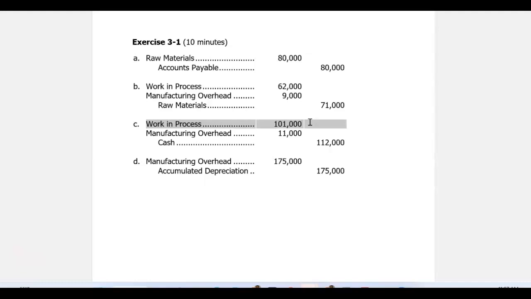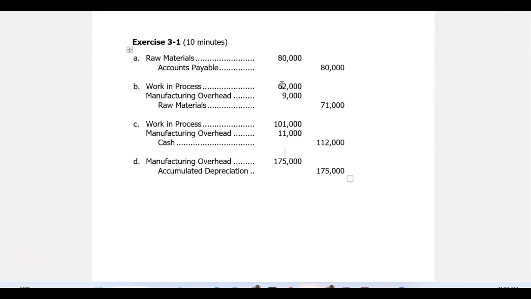So that 101 goes to work in process. But we paid 112,000, so the remaining 11,000 was for indirect labor, like janitors, people who fix the equipment, people who work in the factory, but they're not involved in direct production. So that's manufacturing overhead, $11,000 of indirect labor.